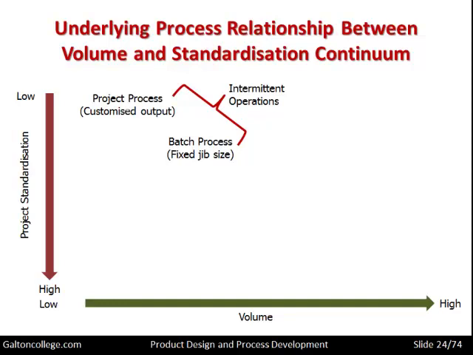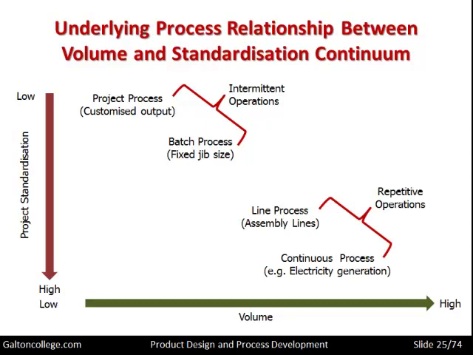These projects are specified by the customer, so it's customized output. And there could also be batch processes, which is essentially looking at customized processes, and instead of making one, making maybe 10 or 20 of them, or whatever. They're making some small quantity. So it's a batch process. And these are intermittent operations. These only happen when the customer places the orders. So it's low volume and it's low standardization.